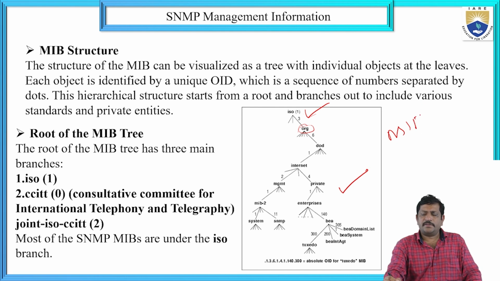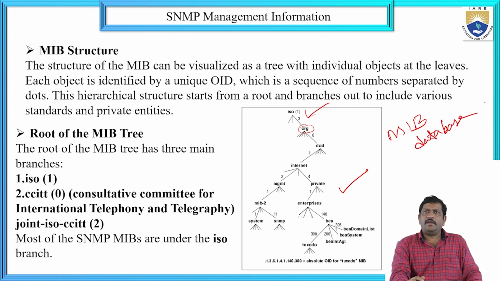So that is the management information base, the management information database architecture. In this database we can store the data. .org means whatever the organization data is can be stored, and .dod, .internet, the internet data can be stored here.